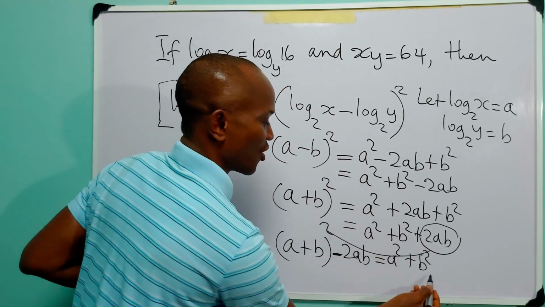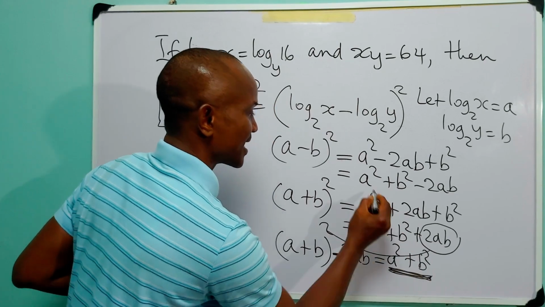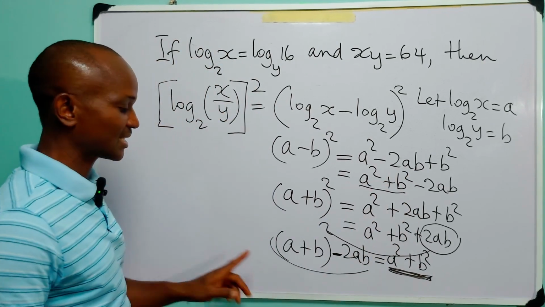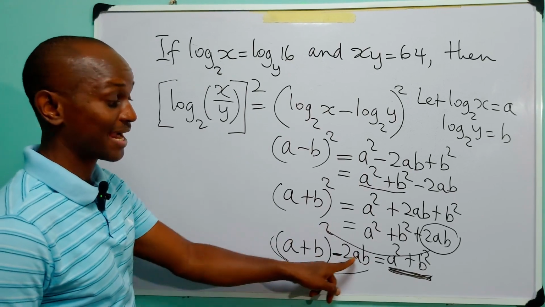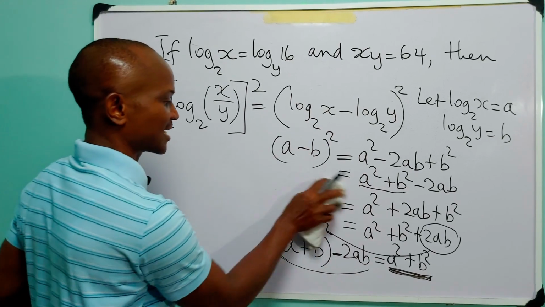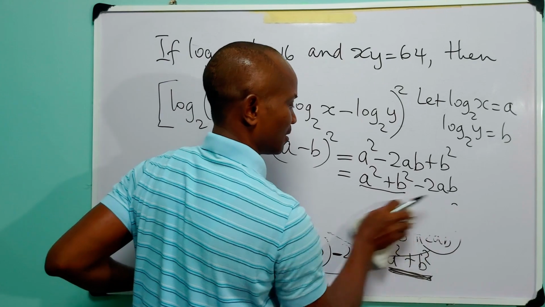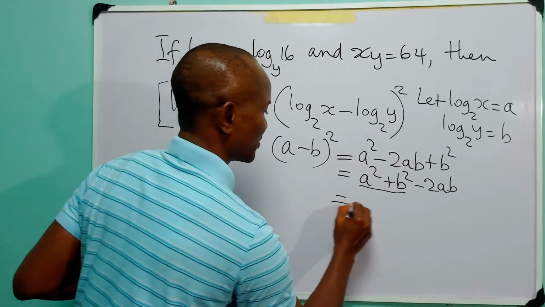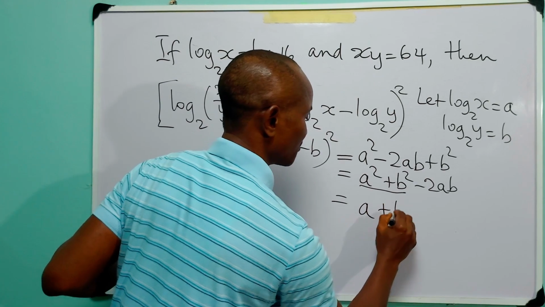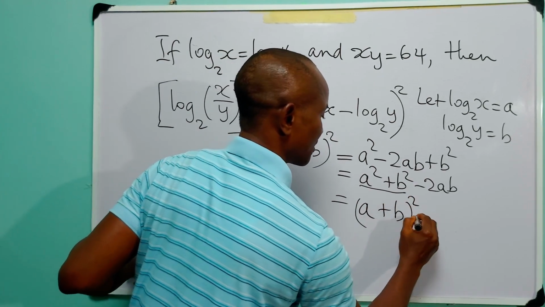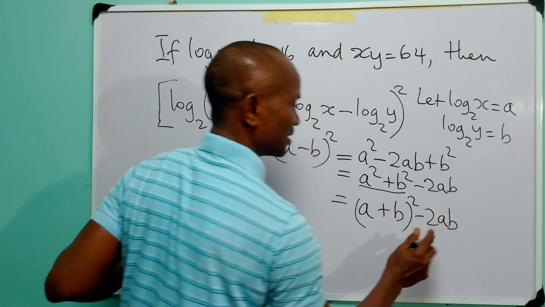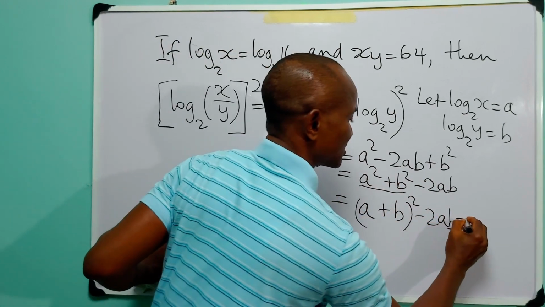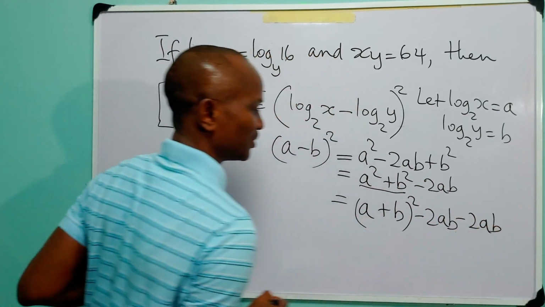Now let us replace a squared plus b squared with this statement. That is a plus b all squared minus 2ab in the first expansion. So what we have here is a plus b squared minus 2ab, and then we bring down the 2ab that we already have, that is minus 2ab.